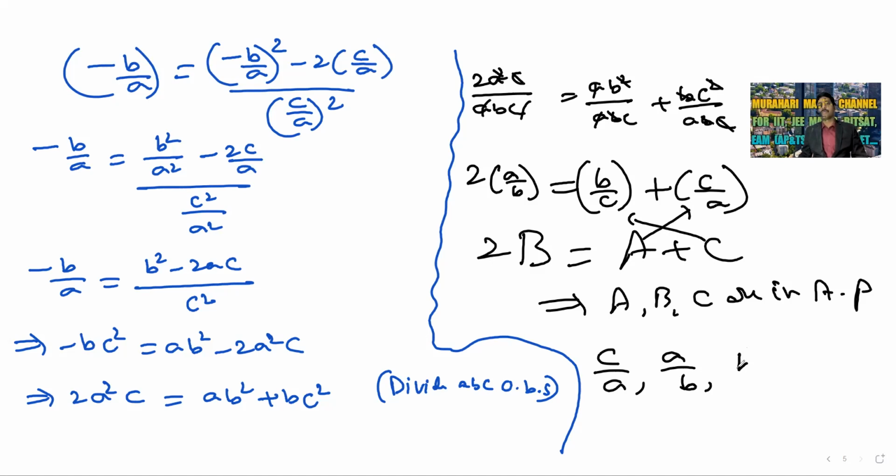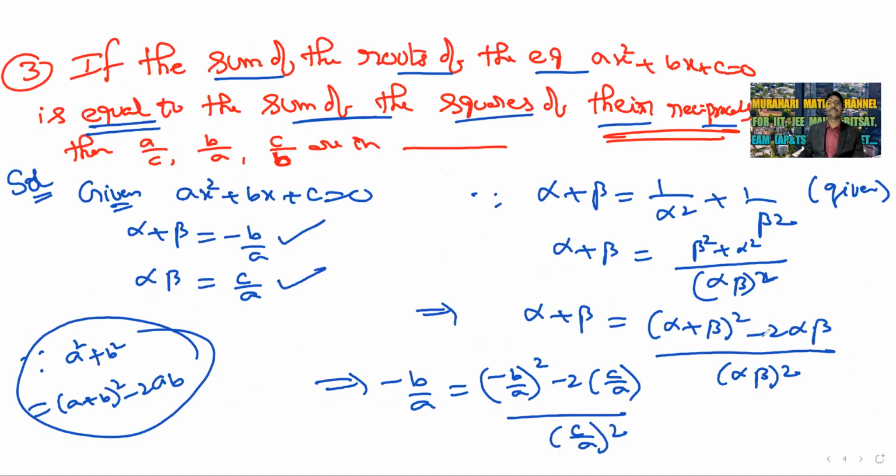So C by A, A by B, B by C are in AP. But what is the statement given?